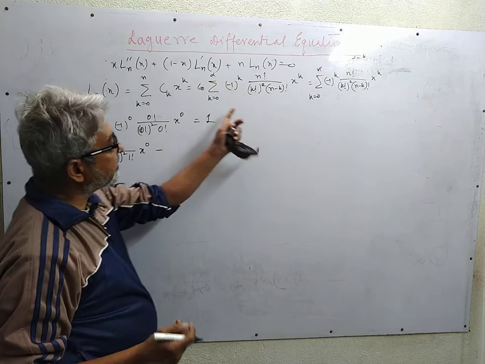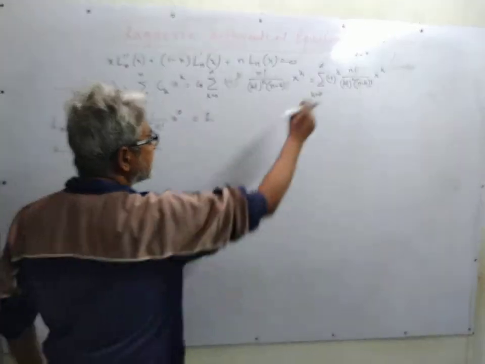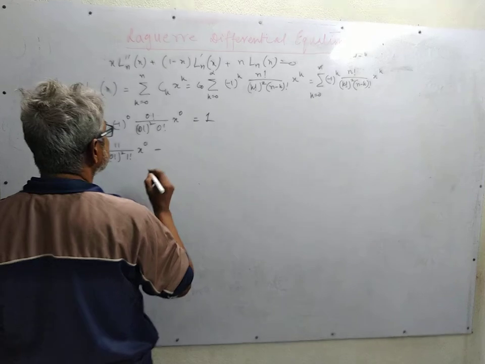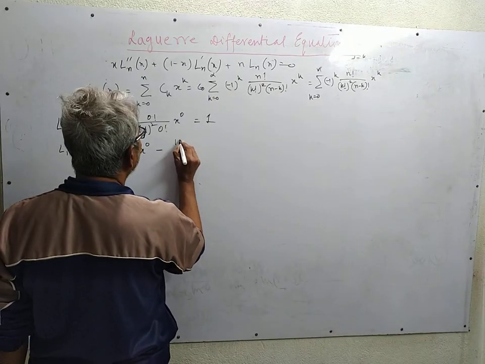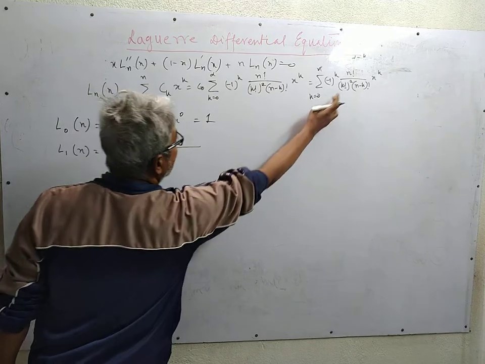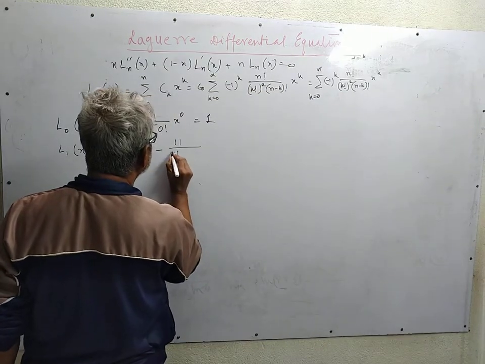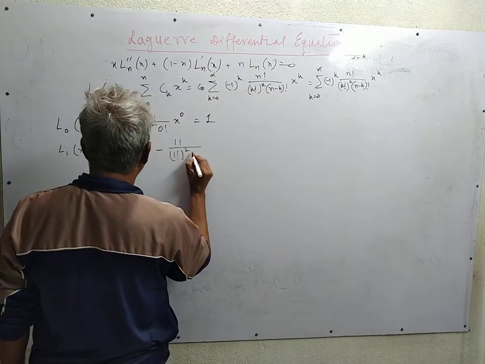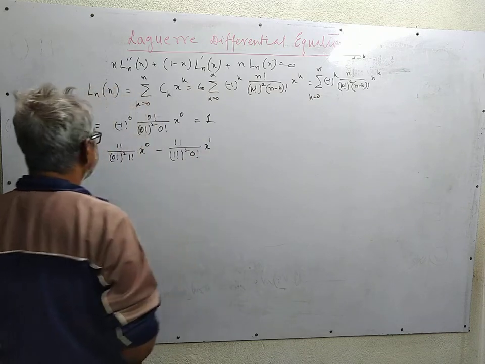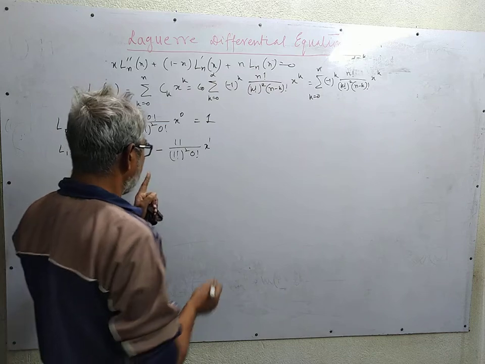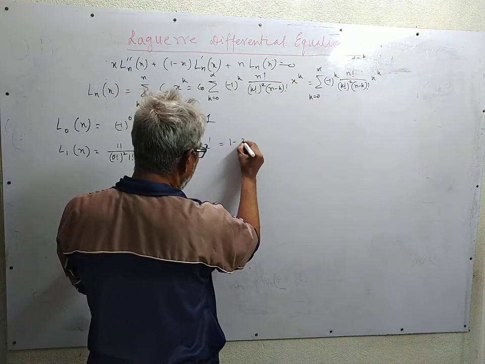For the second term, k is 1, in which case the sign is negative, and we will have again 1 factorial, over 1 factorial square times 0 factorial, x to the power 1. Since 0 factorial is 1, this is 1 minus x.